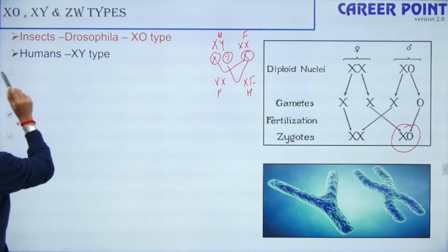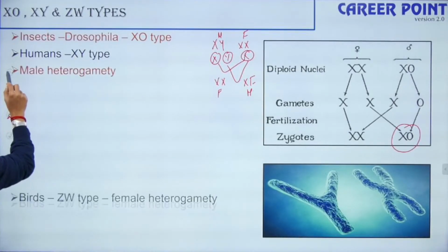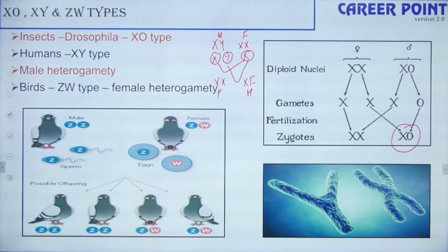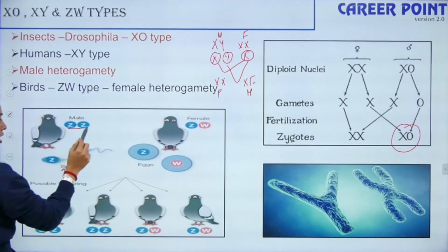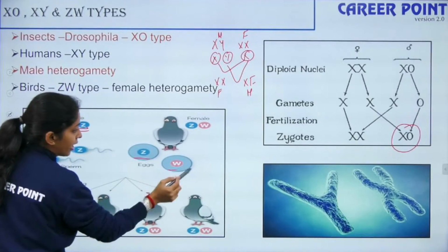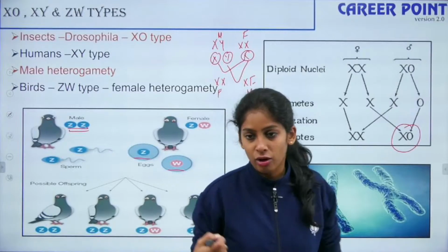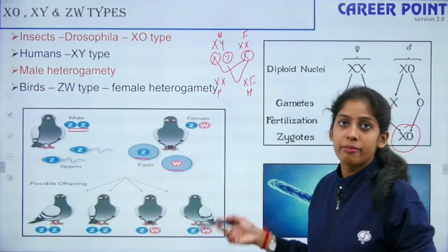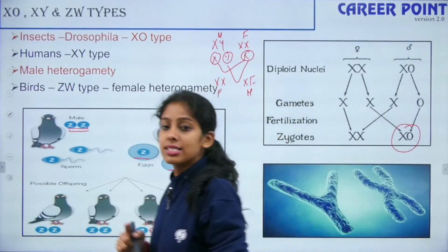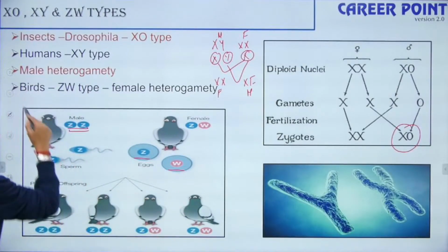This condition is known as male heterogamety. But in birds, it's an altogether different condition. In birds, the male is homozygous and the female is heterozygous. This is known as female heterogamety, where the female determines the sex of the offspring, right?